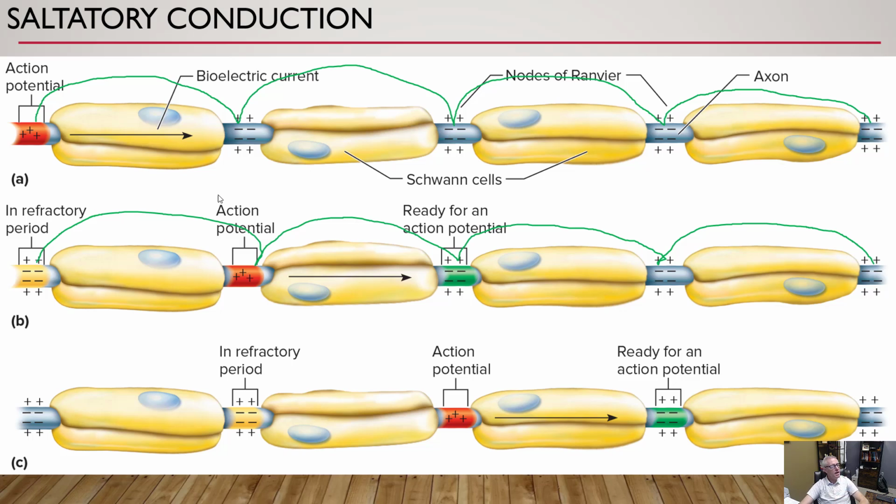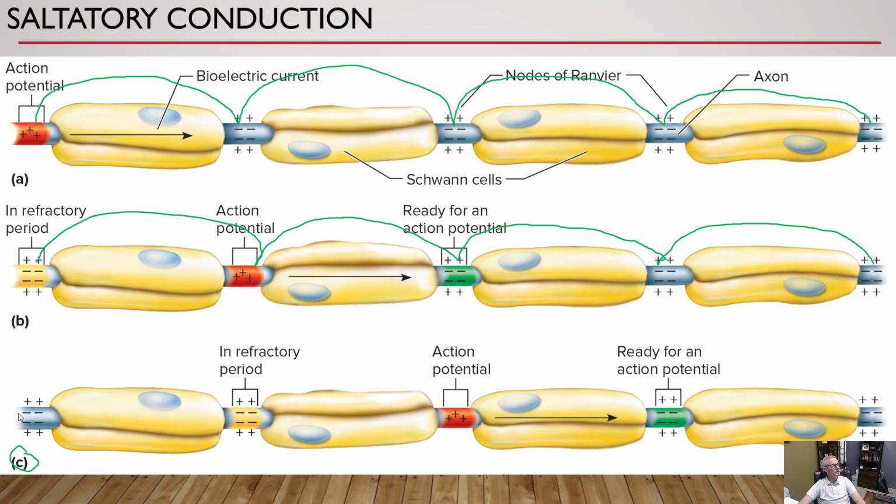Now, in an unmyelinated axon, let's pretend down here at C that this axon did not have any myelin on it.